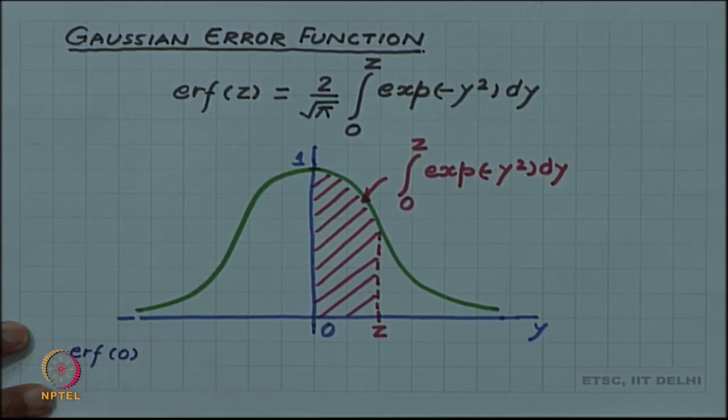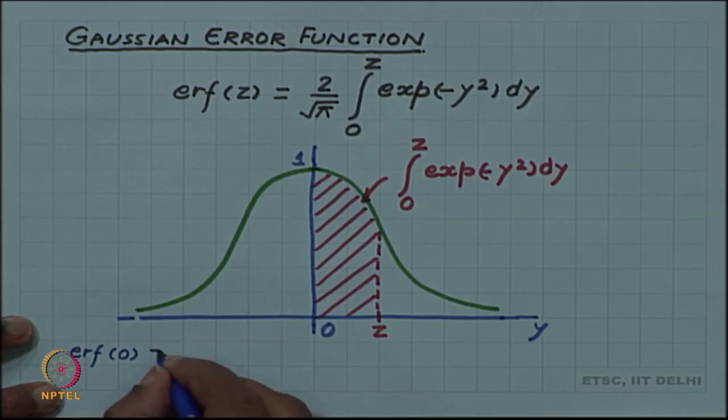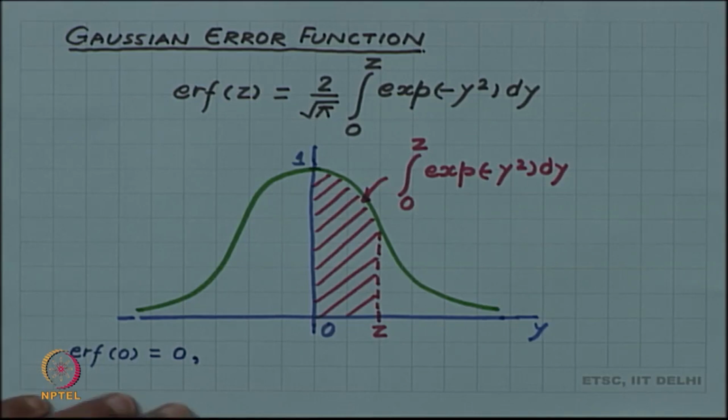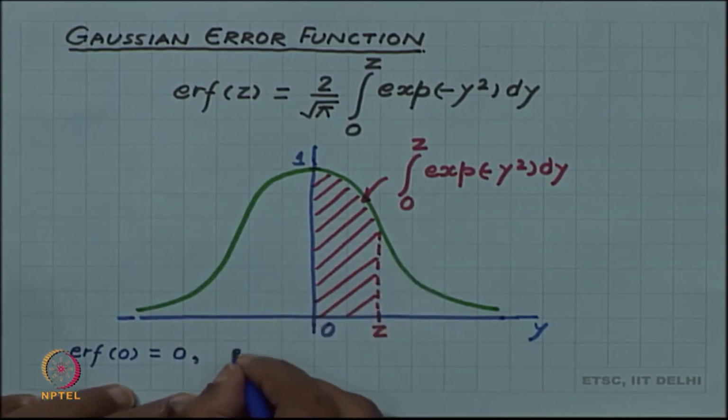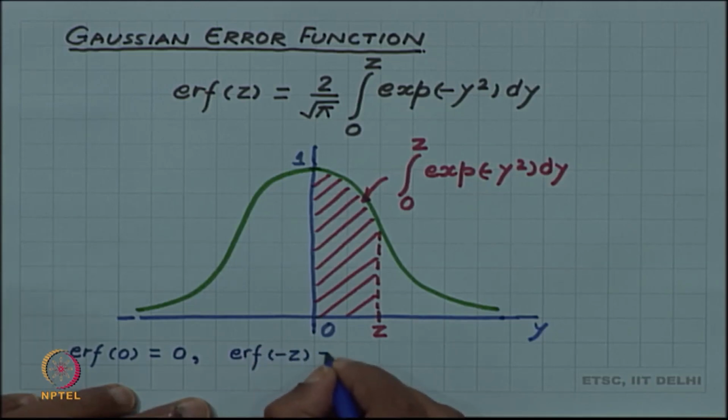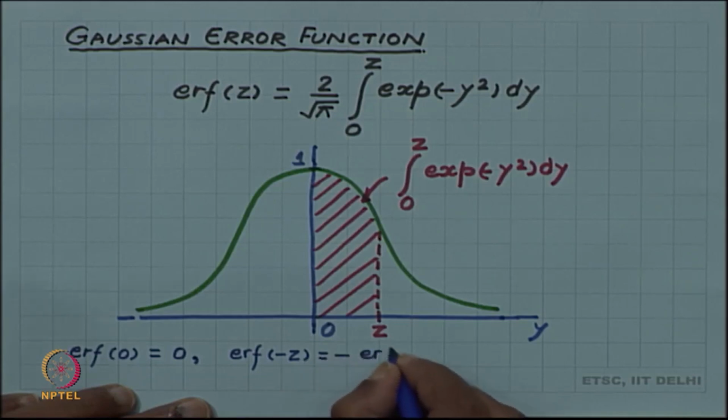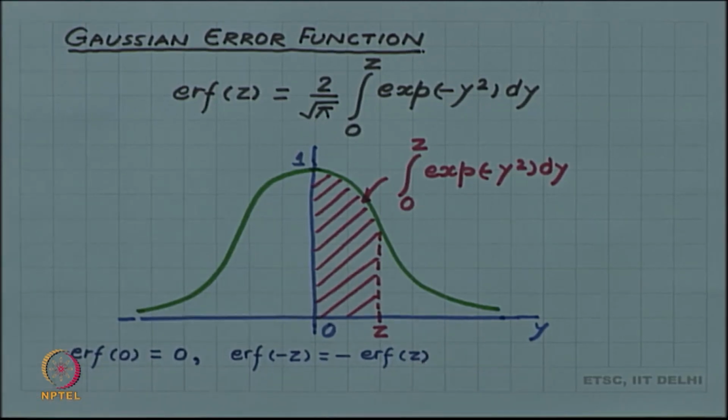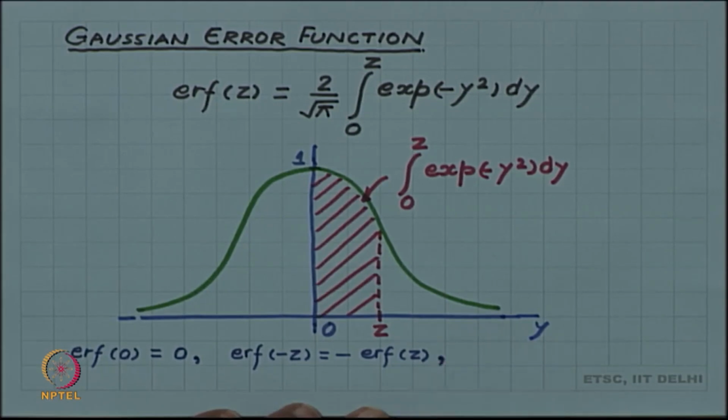Some of the properties of this function you can see very quickly. The error function of 0, because then the limit will be 0 to 0, has both the upper and lower limit at 0, so the area will be 0. So, error function of 0 will be 0. Because of this symmetric curve, error function of minus z will be minus error function of z, because the areas will be the same, but you will take dy with an opposite negative sign.